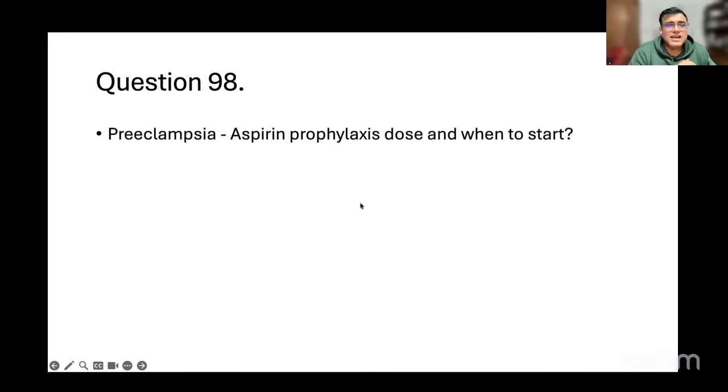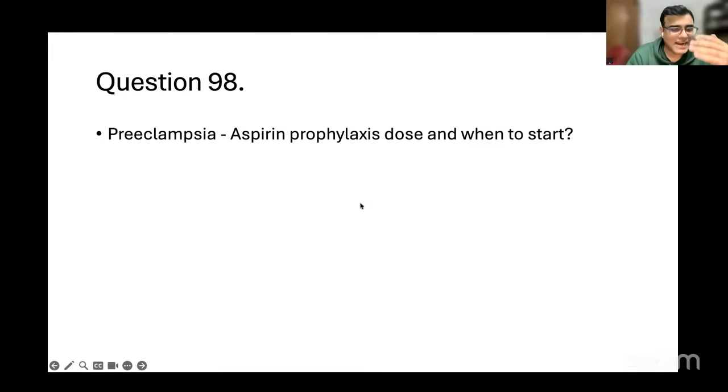So preeclampsia, aspirin prophylaxis dose, and when to start. According to ACOG guidelines, you have to start 75 milligram of aspirin in patients at higher risk of developing preeclampsia between 12 to 16 weeks, not after 16 weeks.